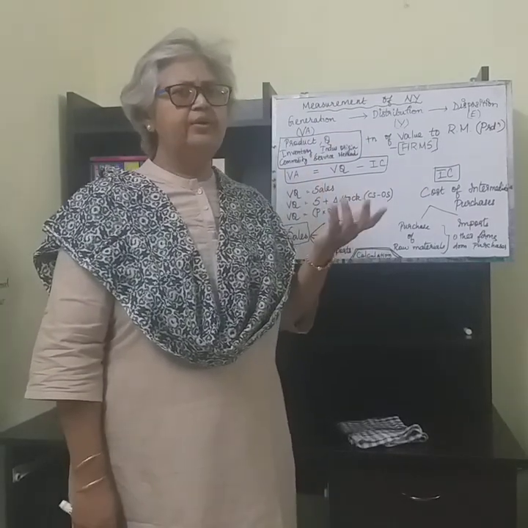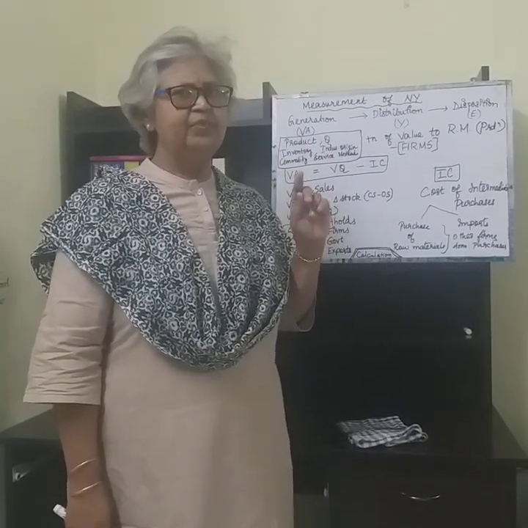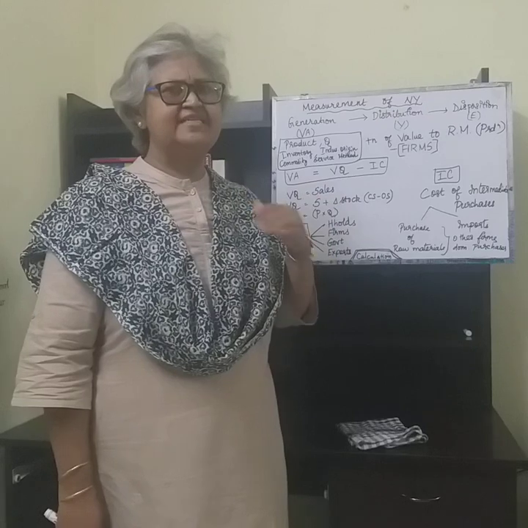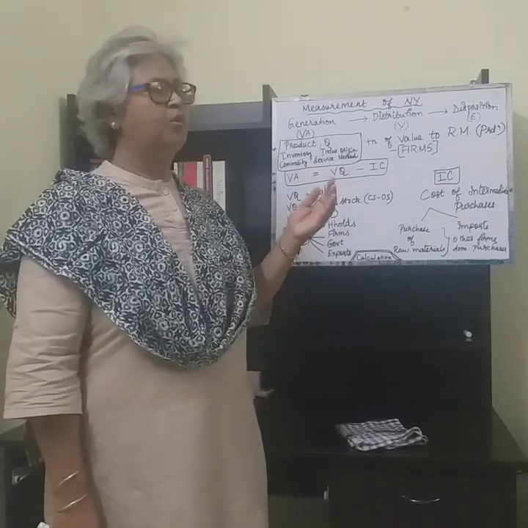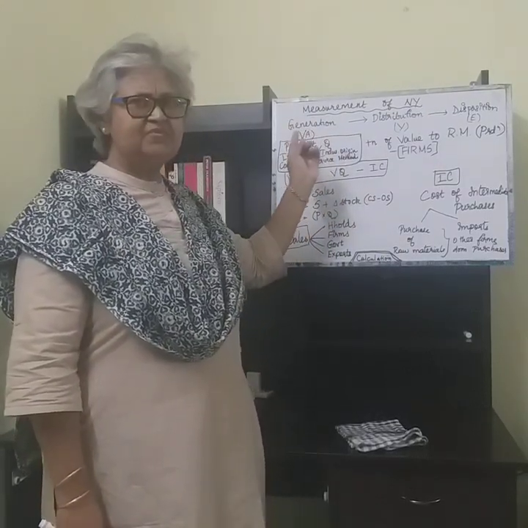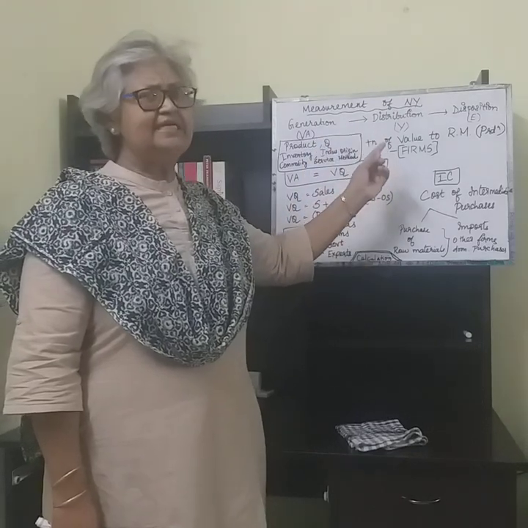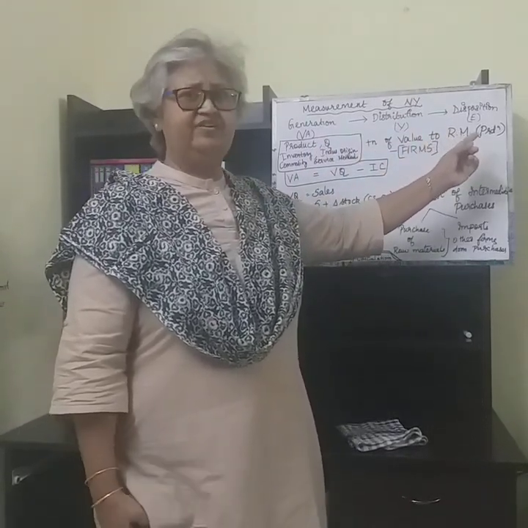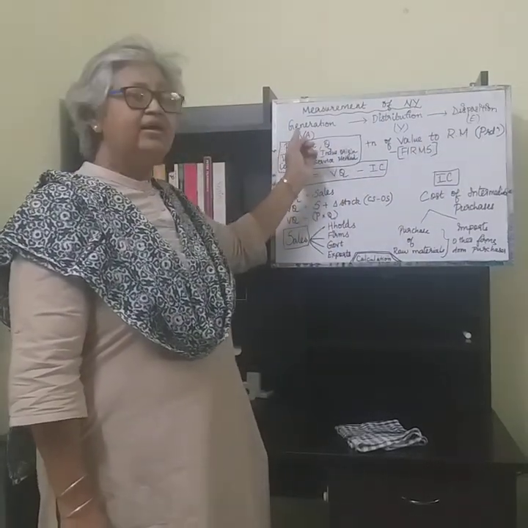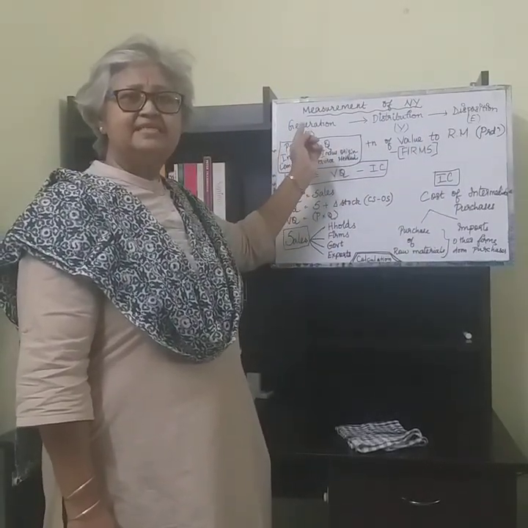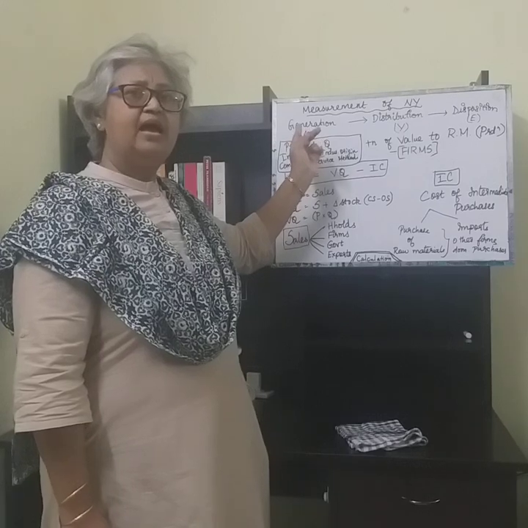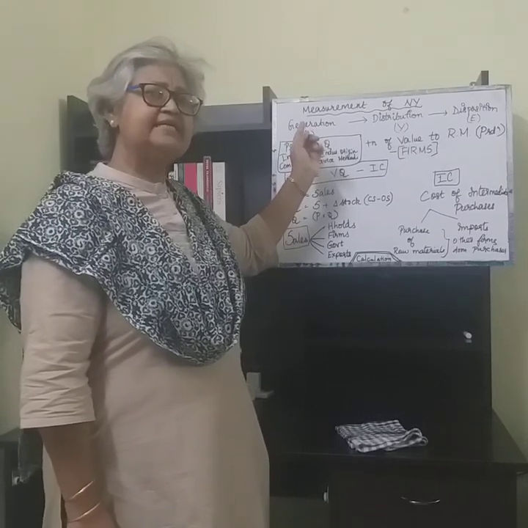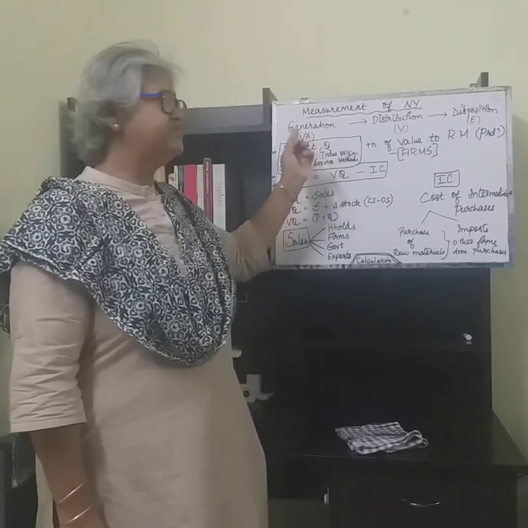You have learnt already in circular flow of income about the three different phases of the circular flow. The first phase is the generation, second is the distribution, and third is the disposition phase. So, income is generated by, and also the products are generated by the firms.